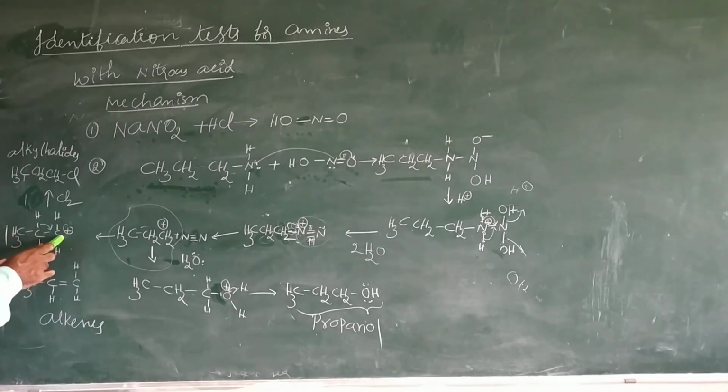For example, this is the positively charged carbon, and the bond between this carbon and the hydrogen on the adjacent carbon is broken, and the hydrogen is eliminated as an H plus ion.